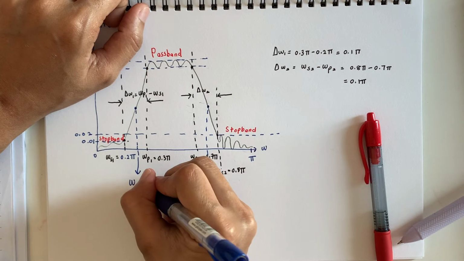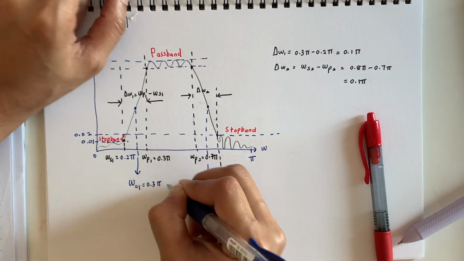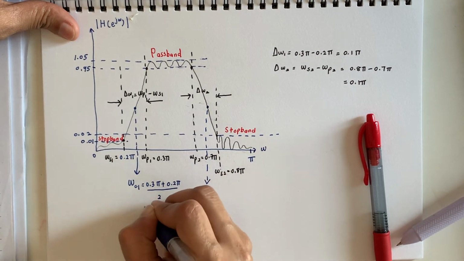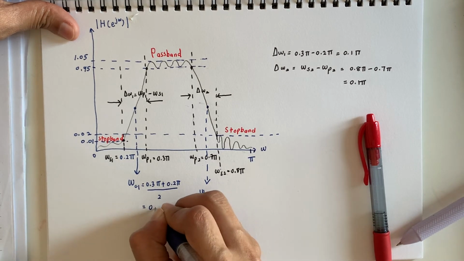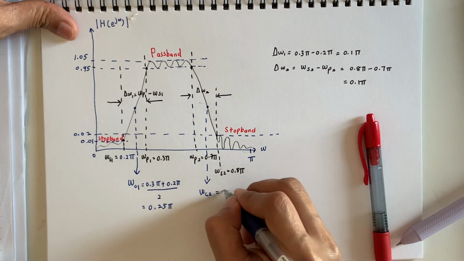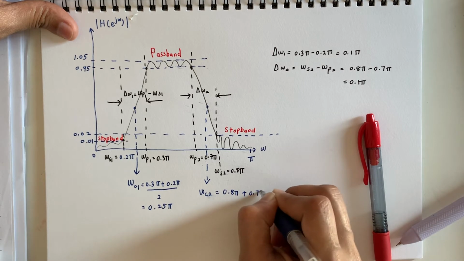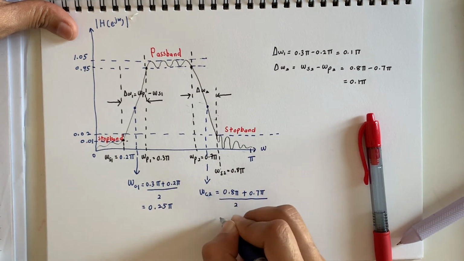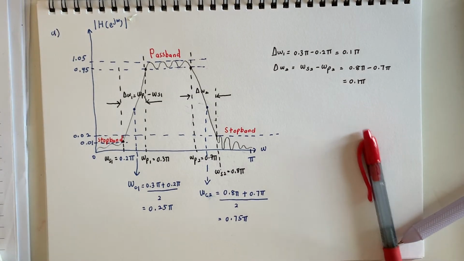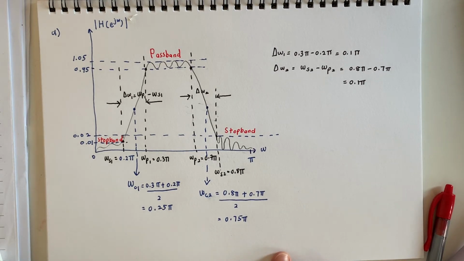Our first omega C equals 0.3 pi plus 0.2 pi, divided by 2, so you will have 0.25 pi. Here you have 0.8 pi plus 0.7 pi, divided by 2, so you have 0.75 pi. That's all for the tolerance diagram.